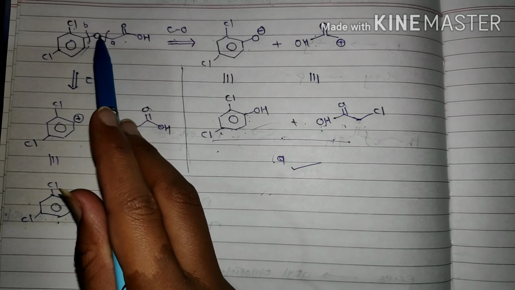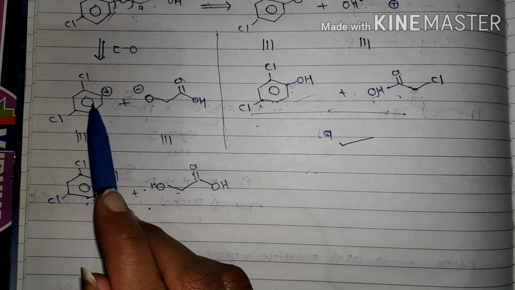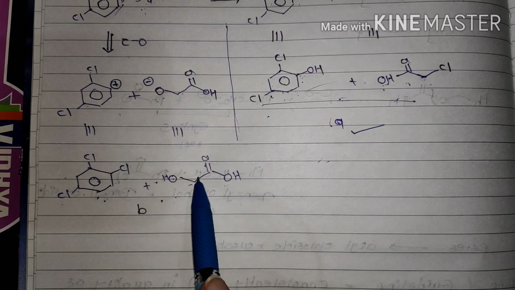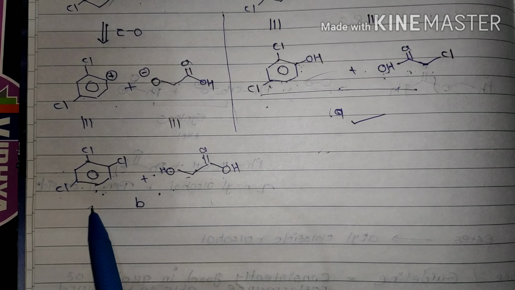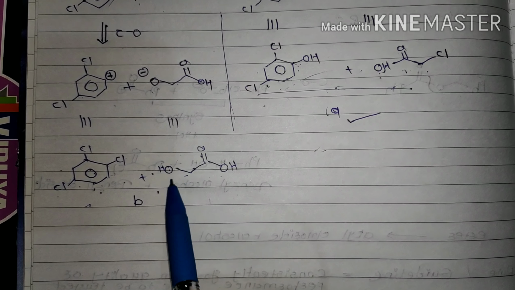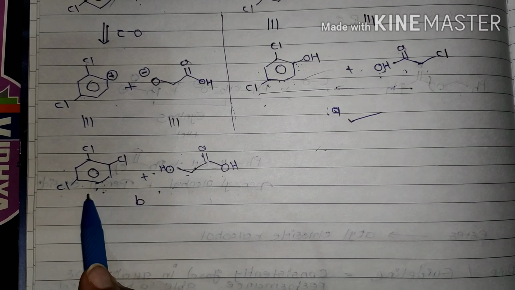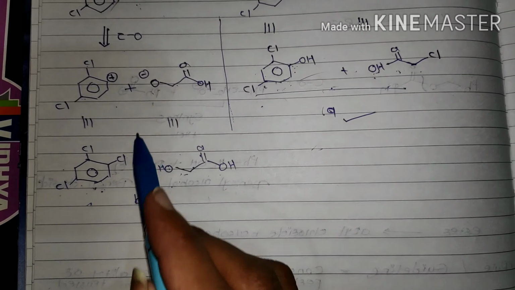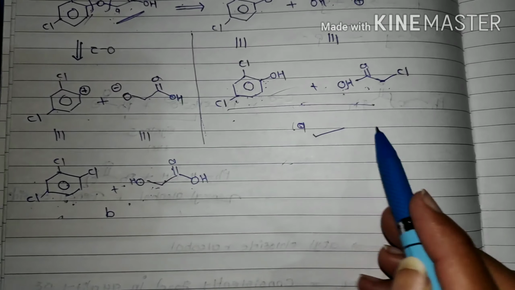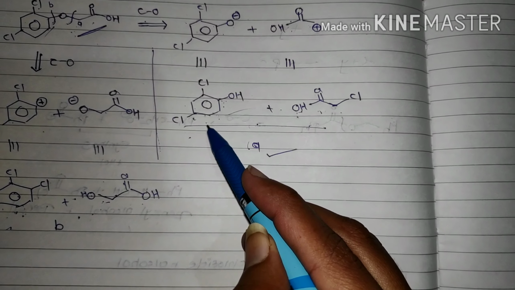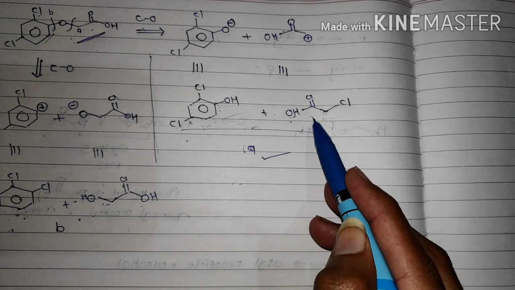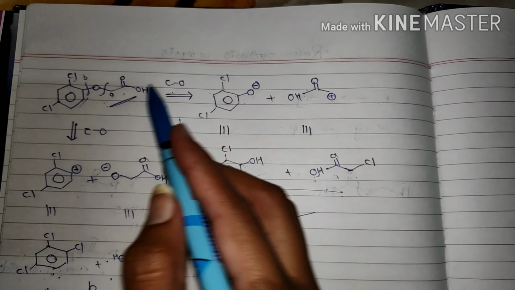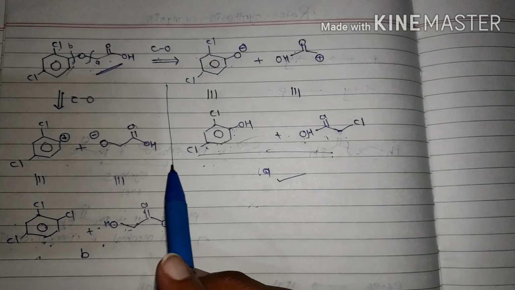Second, we break this other bond, use the other two synthons and convert them into synthetic equivalents: trichlorobenzene and a hydroxy acid. When we add trichlorobenzene and the hydroxy acid, we do not get the ester. When we add 1,5-dichlorophenol and the alkyl halide, that is, the alcohol and the alkyl halide, we get the ester. It is the Williamson reaction.